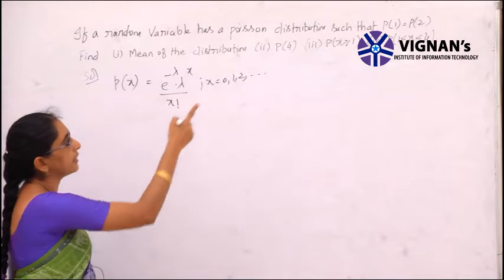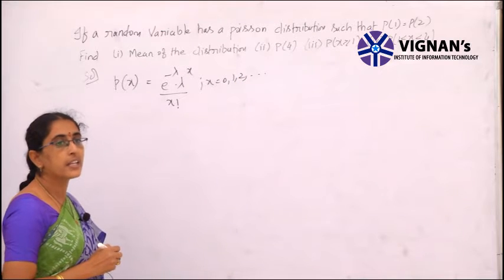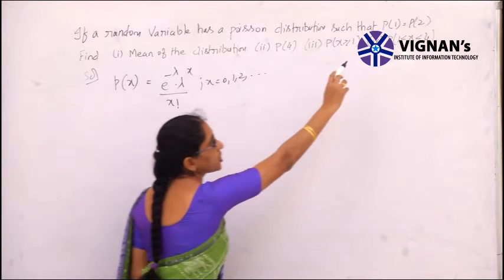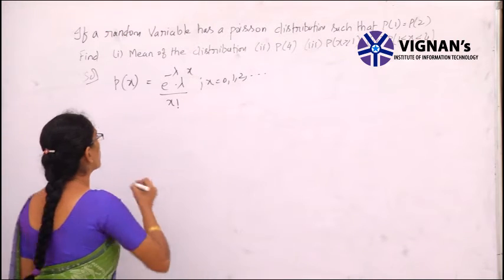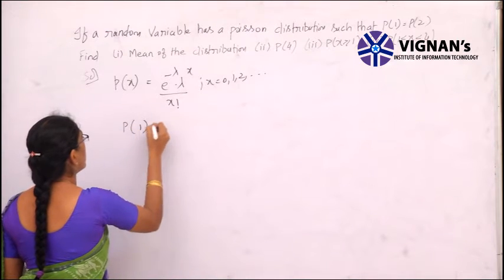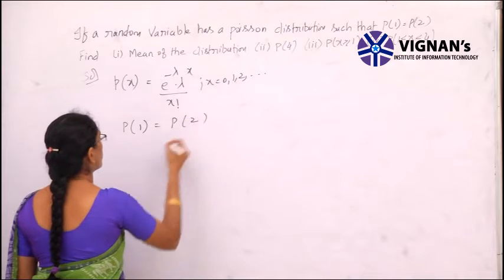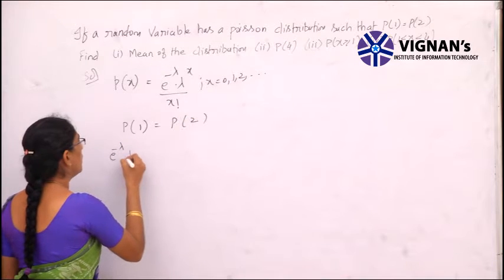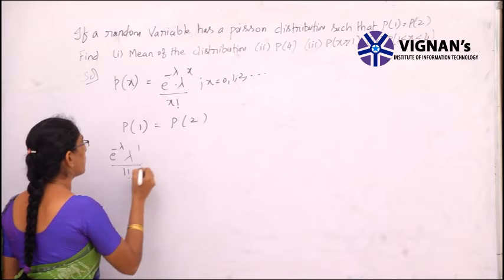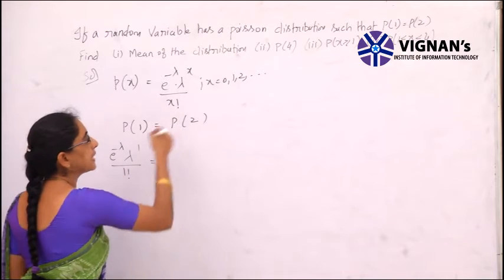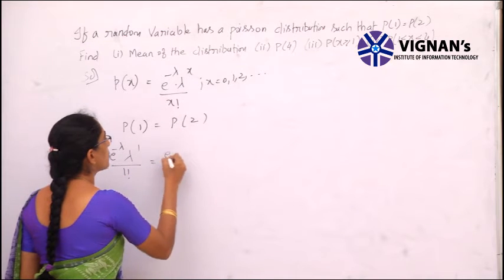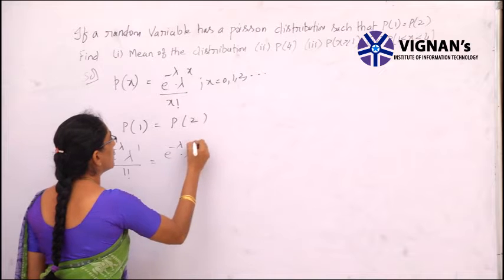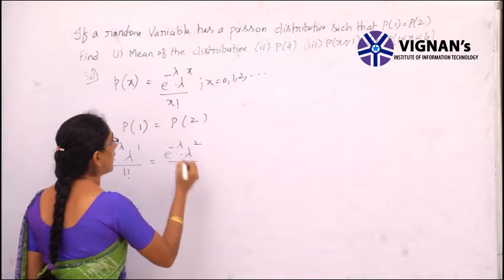Now here it is given that p of 1 is equal to p of 2. So p of 1 means e power minus lambda, where x equals 1, lambda power 1 by 1 factorial. P of 2 means x equals 2, so e power minus lambda into lambda square by 2 factorial.